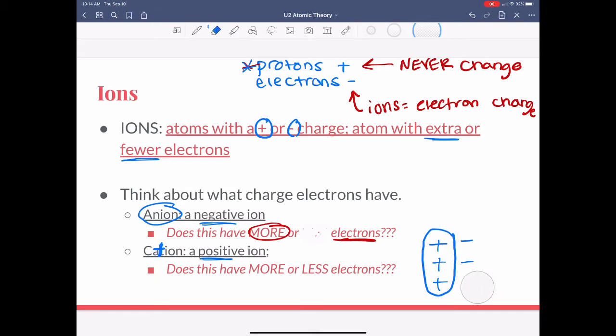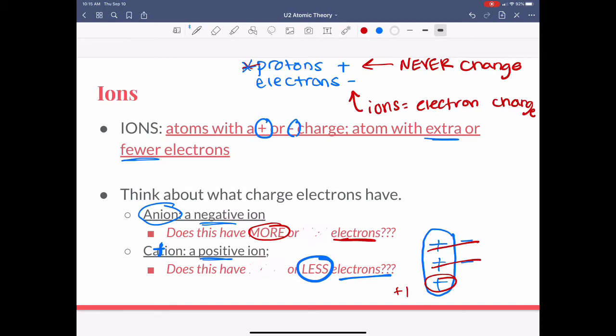So some atoms lose electrons. Now everything cancels out except for this one positive proton, so I would have a positive 1 charge. That means cations have fewer electrons compared to their neutral atom.